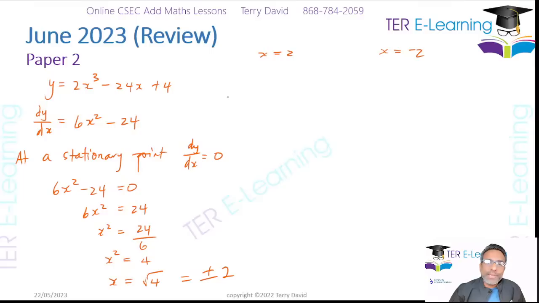Now, I literally just did this with my Form 4 maths class. So these are my x values of my stationary points. What we need to do now is plug those values into the equation of the curve.